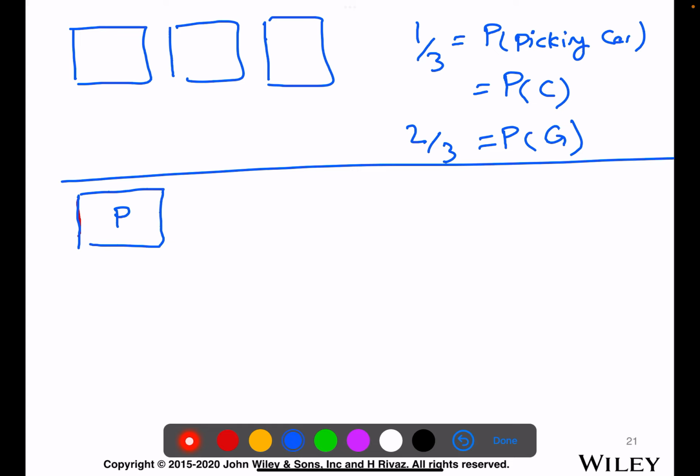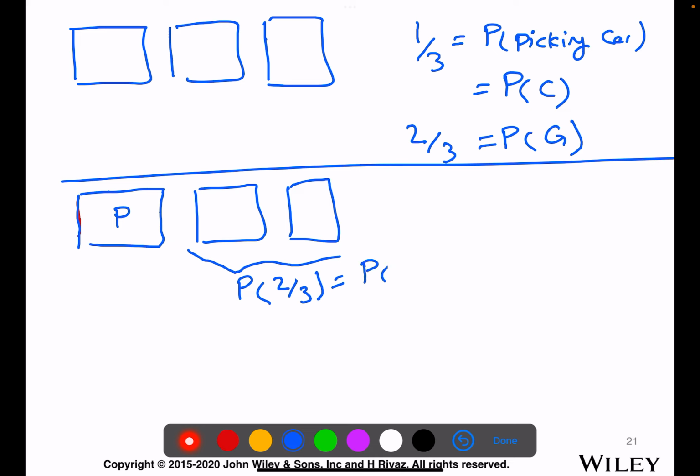This one is the picked door. In this case, the probability of the car being behind one of the other doors is 2/3. And this is the door that you picked, and the probability of the car being here is 1/3.